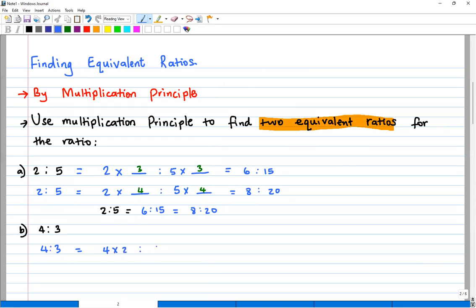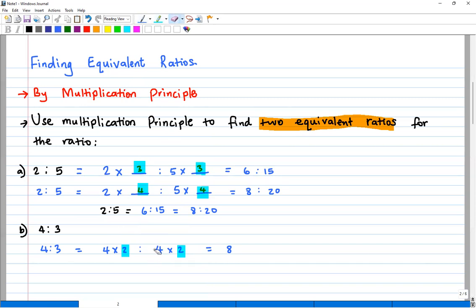Okay, you see, the same number I'm talking about is 2 and 2. Here you see 3 and 3. Here you see 4 and 4. You understand that? So we say that this will give us 4 times 2, that is 8.